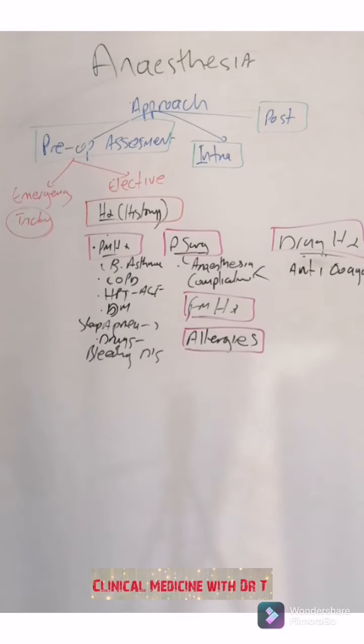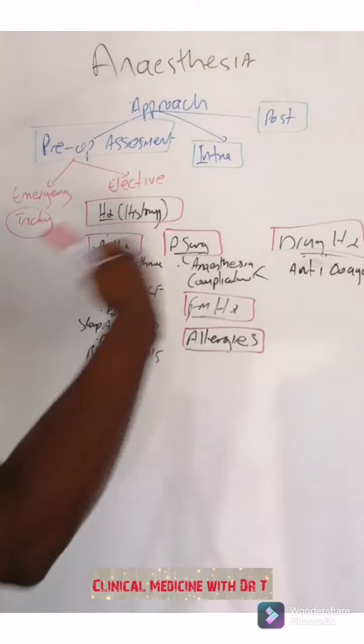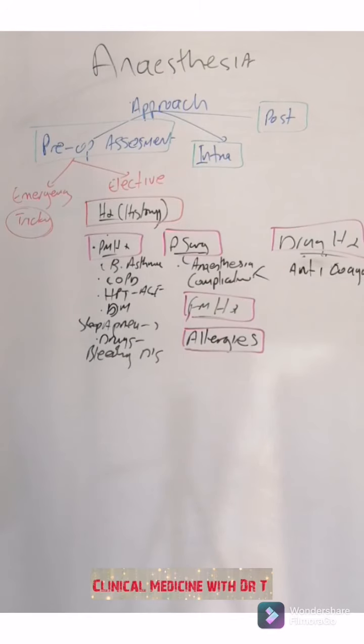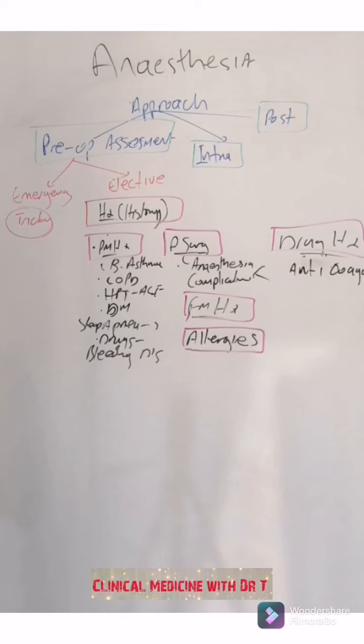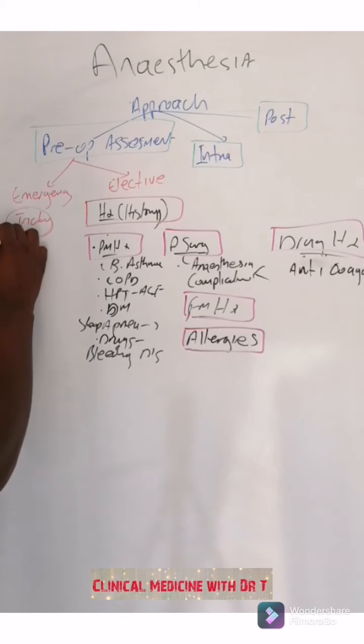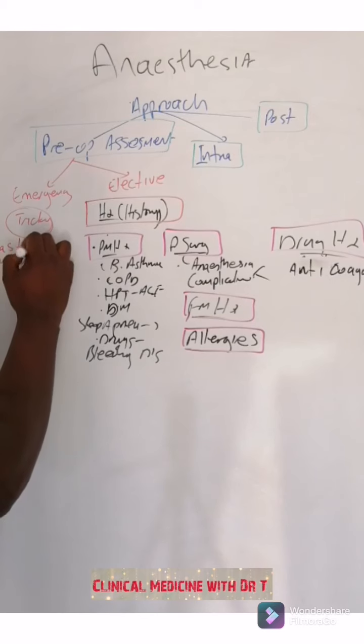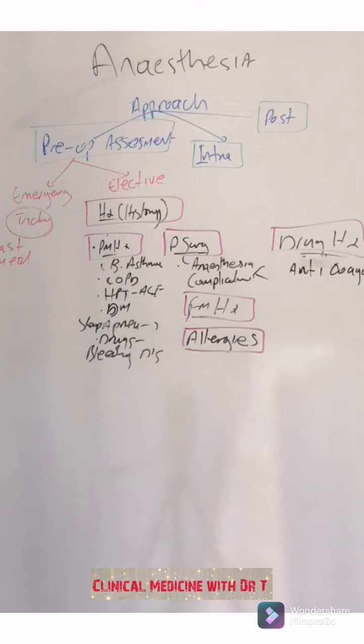Now, what's the difference between emergency and elective? With emergency, you are going to run through these things very fast because it's an emergency. You're still going to do all of these things, but the issue of the last meal becomes more important, the last time the patient ate.